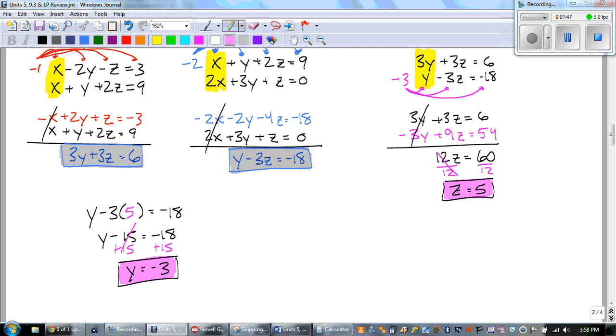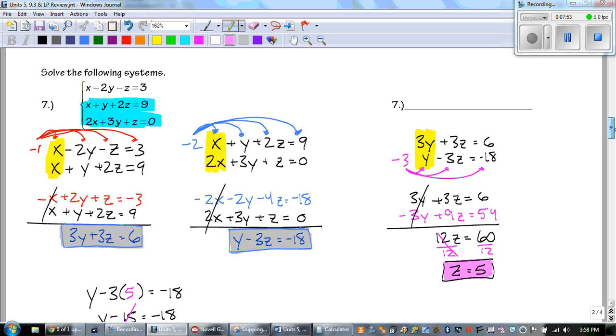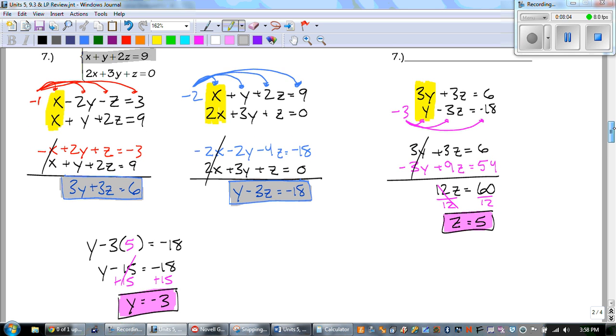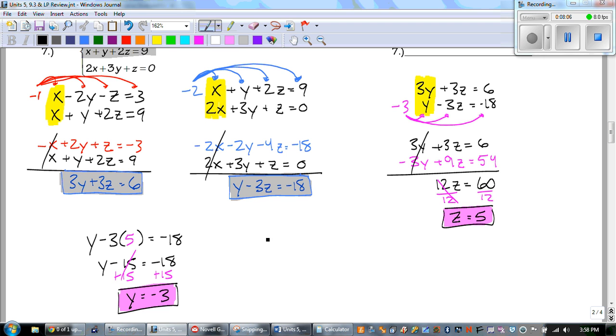Awesome, we are almost done. I know what z is, I know what y is, and now I just need to go back and find out what x is. So I'm coming back to one of these original equations. It doesn't matter which one you use. I'm going to use the one with the least amount of negatives. So we have x plus y plus 2 times z equals 9.